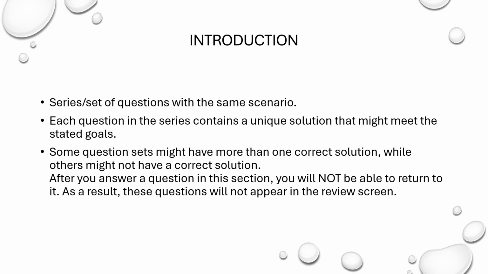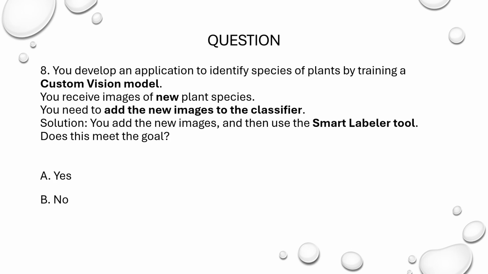So this is a set of questions and you cannot flag the question to review it later. Once you answer the question, you'll go to the next question and you cannot come back to review it later. You have to either select yes or no for the answer. Now let us get into the question.